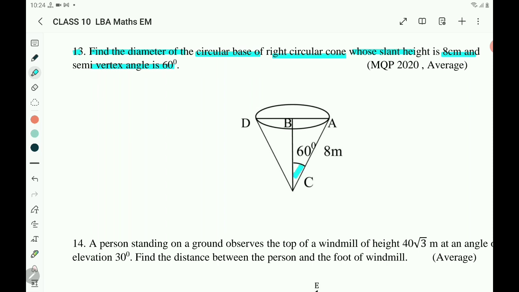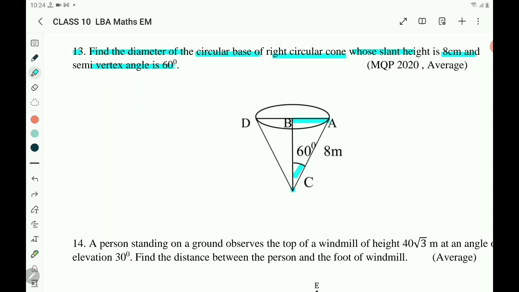What we have to find out? We have to find the diameter. AD is to be found out here. You can get AB by using the right angle triangle ABC. ABC is a right angle triangle. You know that the height is the distance between the vertex of the cone to the center of the base of the cone.